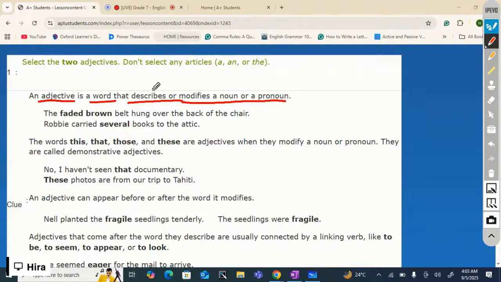Describes or modifies means it tells more about a noun or a pronoun. A noun names a person, place, animal, or thing. So the adjective describes persons, places, animals, or things.